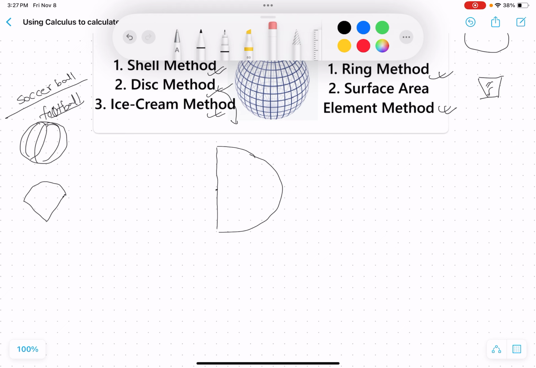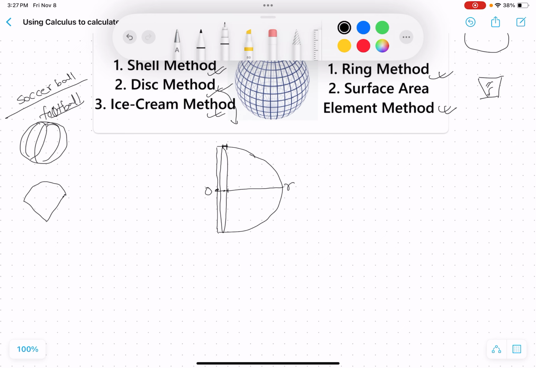As our x coordinate goes from 0 to r, we will sum up all the small volumes. Basically, the area of this 2D circle times a small gap.